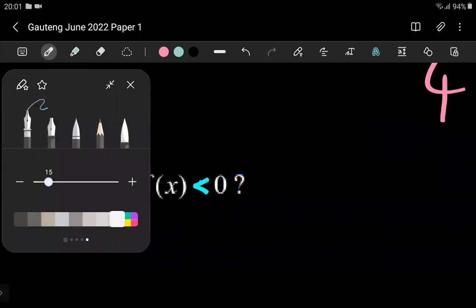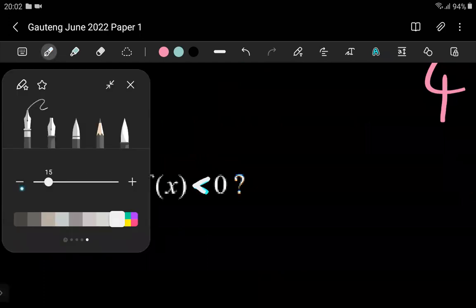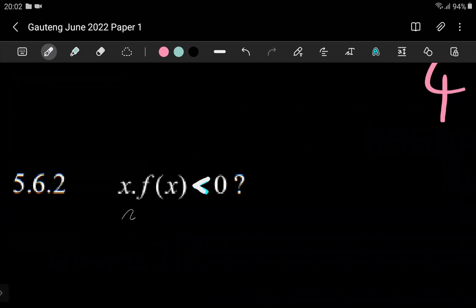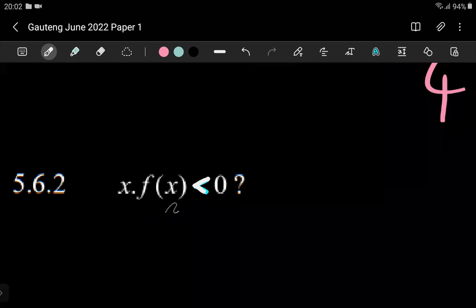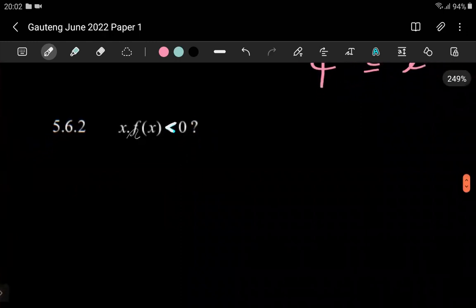So with a question like this one, right, you need to be careful, because a question like this is basically asking you, two things are being multiplied together. What values will make this left side a negative? Now, the one way to always work questions like this is to think to yourself, there's one thing over here, and then there is another thing over here.